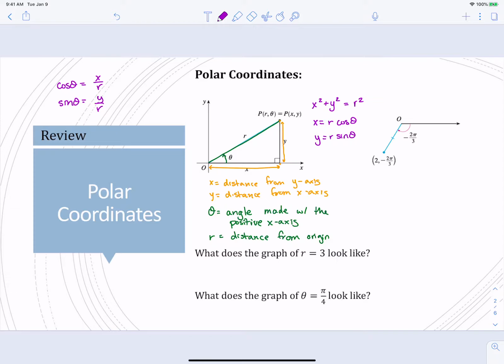So, when we talk about a point here in polar coordinates, we talk about 2, negative 2 pi over 3. So O there is the origin. Basically what we have here is the xy plane. So here's the axis. There's the x-axis, there's the y-axis.